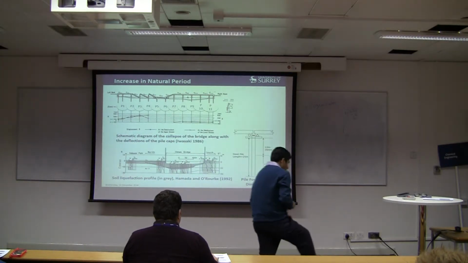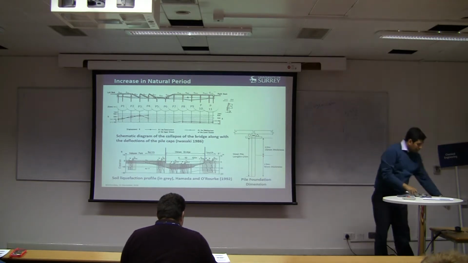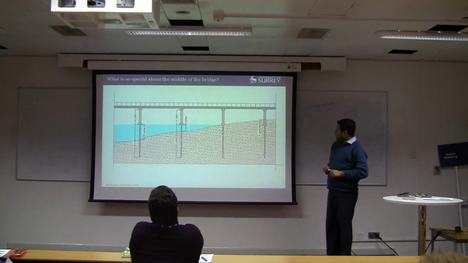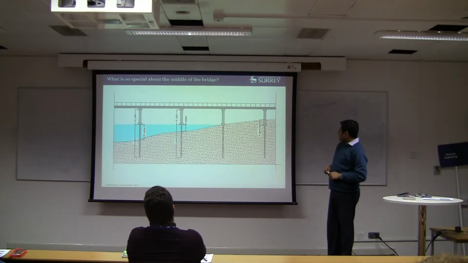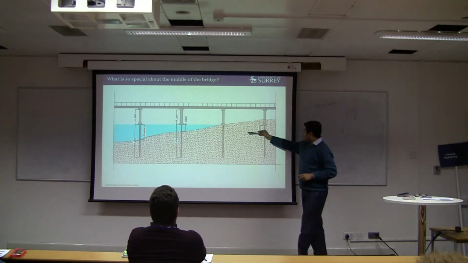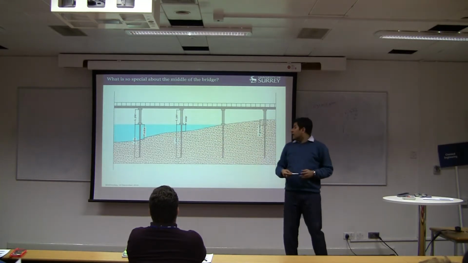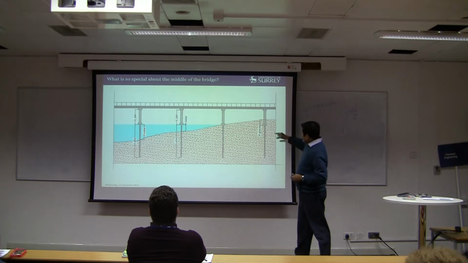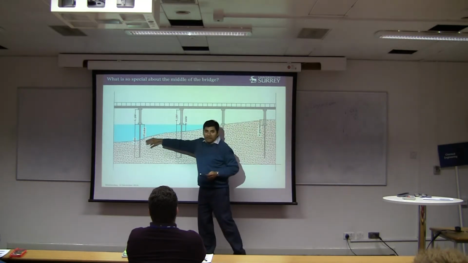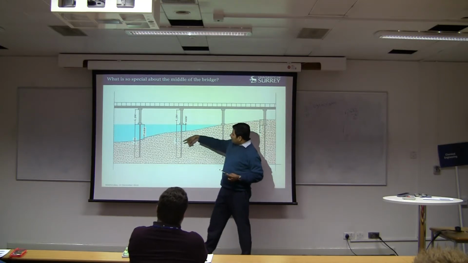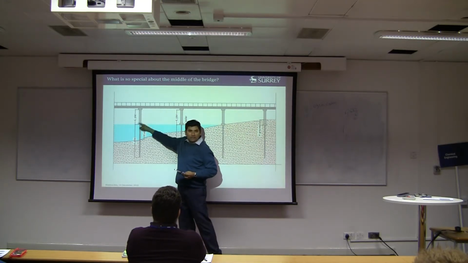Yes. So the reason is here. What you can see, typically we will drive pipe to the same sort of length, right? And as you go towards the bridge middle, you will see that you get a slightly higher unsupported length in the middle.